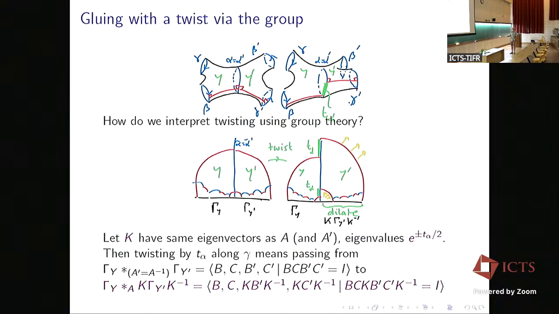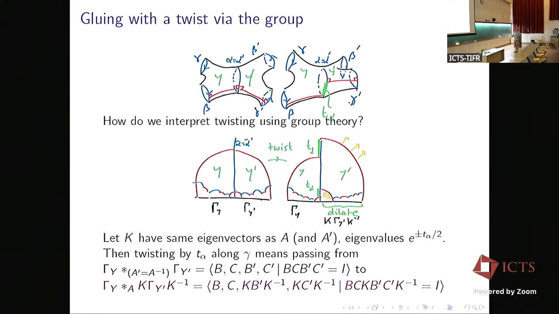Well, it means that I have a loxodromic map which has the same axis, but it has a translation length of T alpha. In this case it would just be a dilation, and so I simply dilate the right-hand side. So I'm going to choose a map K. I don't know why I'm calling K for twist. I think it's because I'm using T for other things later on. So K is twist. And it has to have the same eigenvectors as A, because it had the same fixed point.